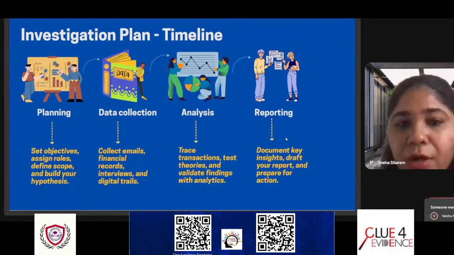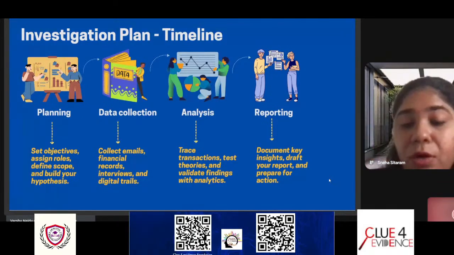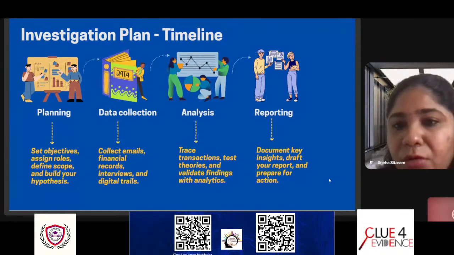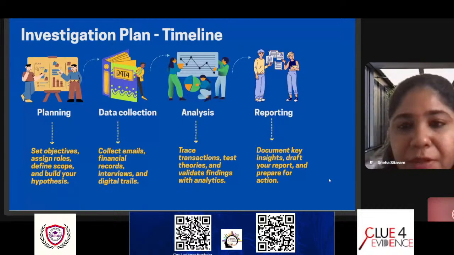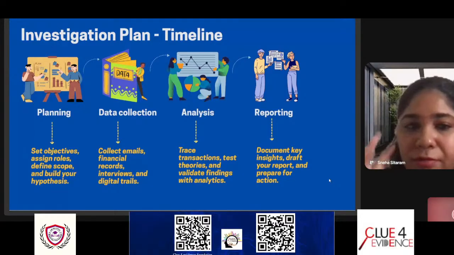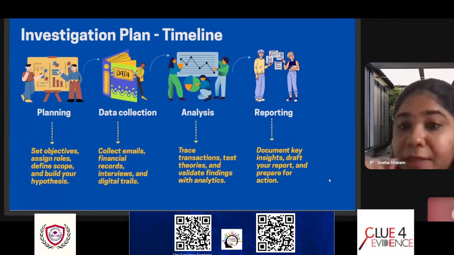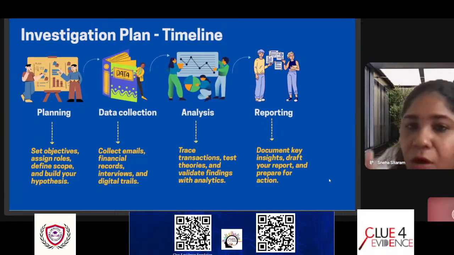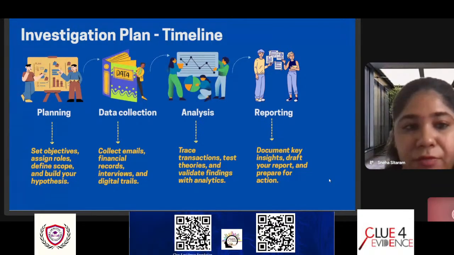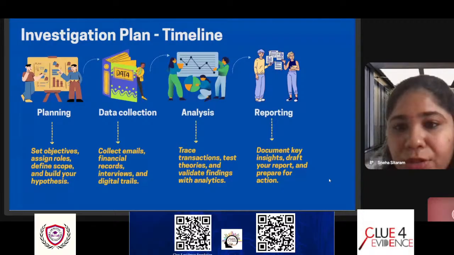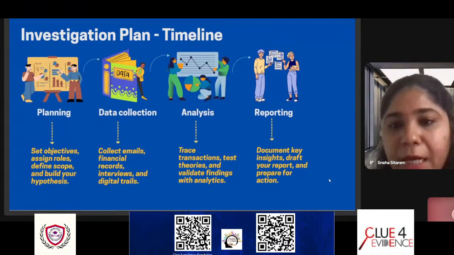I have not spoken a lot about them, but they will also help you. Nowadays, though, on social media it is not clear that you post your 100% real picture. So normally we don't rely very much on public domain searches, but they will definitely help in conflict of interest cases, or where you are trying to map father-son, husband-wife relationships. All these kinds of relationships could be mapped with the help of social media.